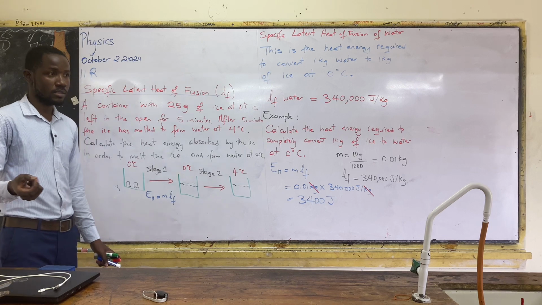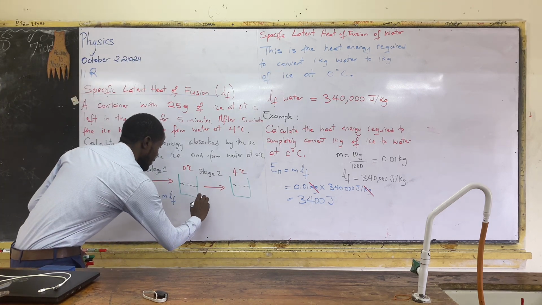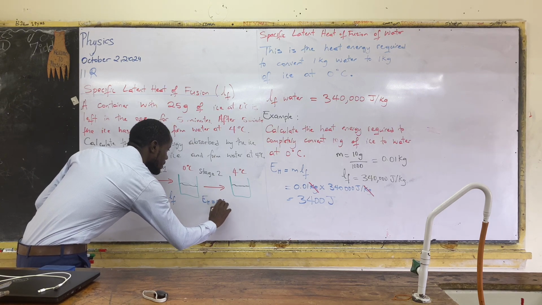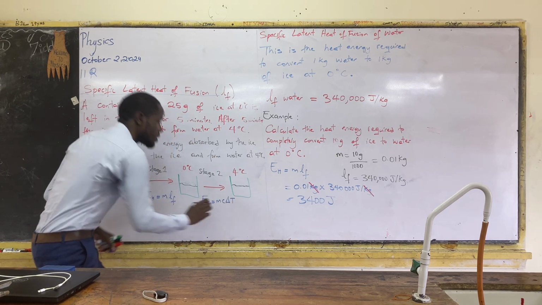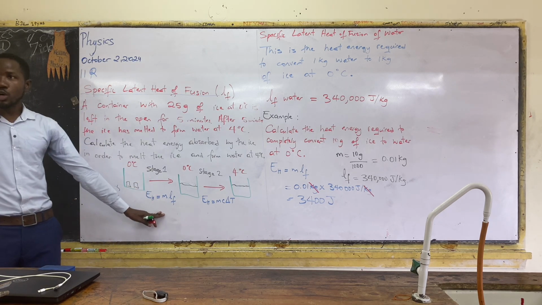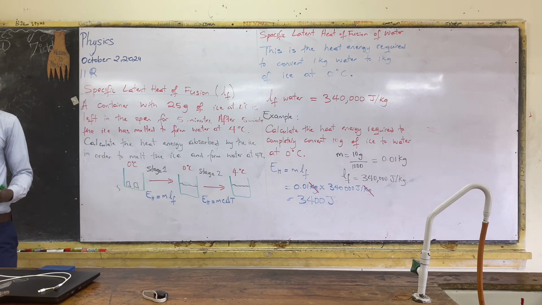M C delta T, right? So we get EH right here is equal to M C delta T. So we have to work out the energy right here, and then we'll find the total. I'm going to do it over there.